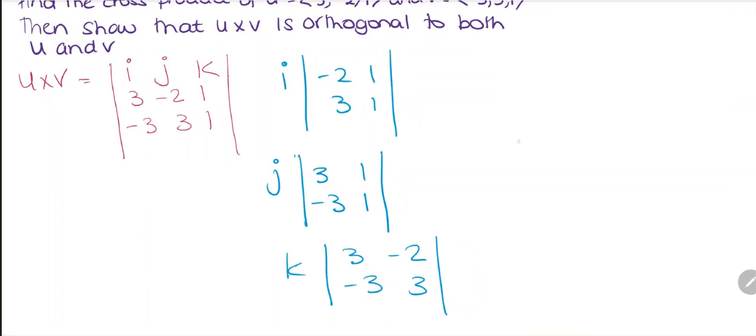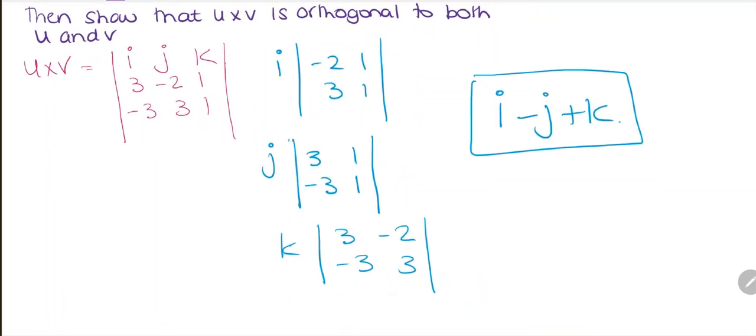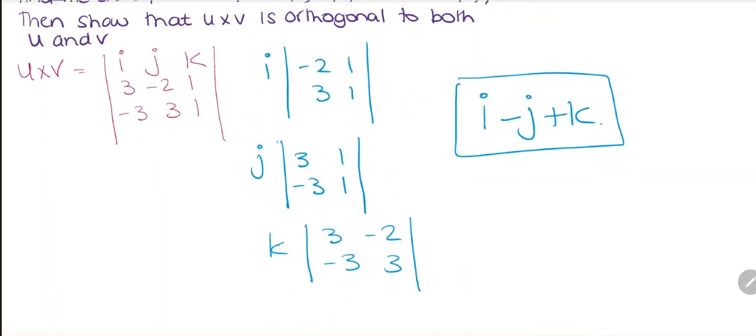Now we need to do i minus j plus k. So we've done the determinant before, using the diagonal method.